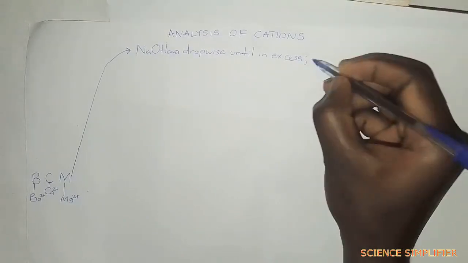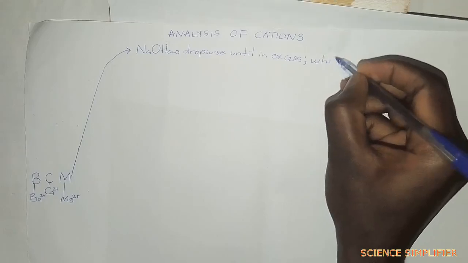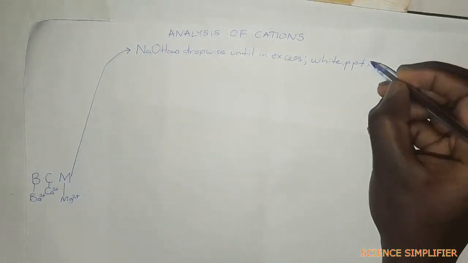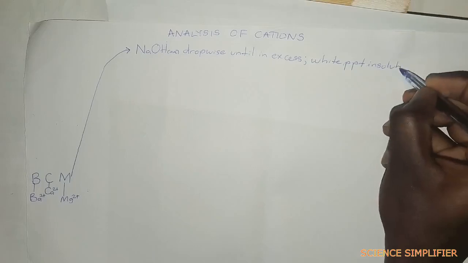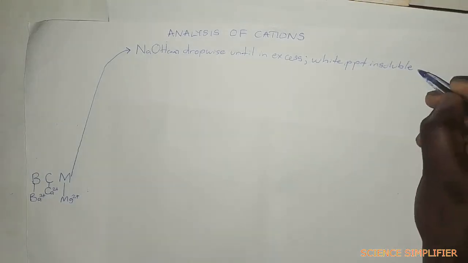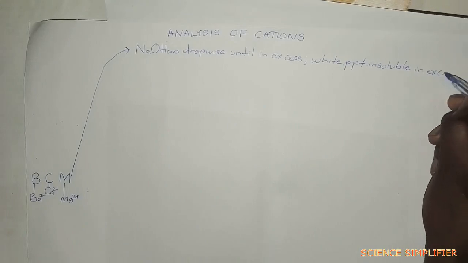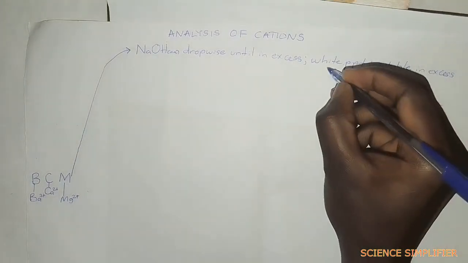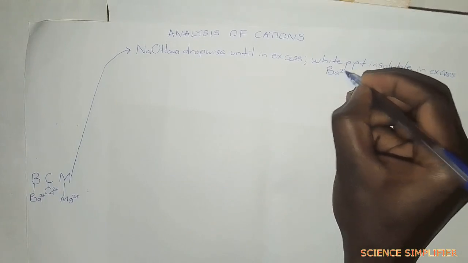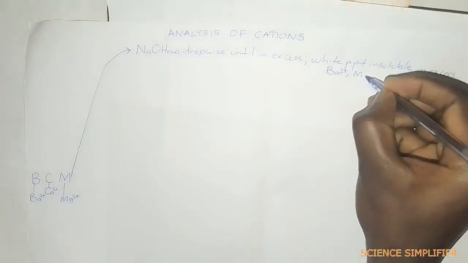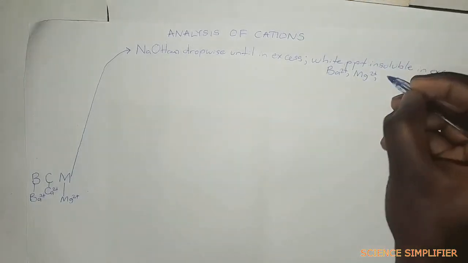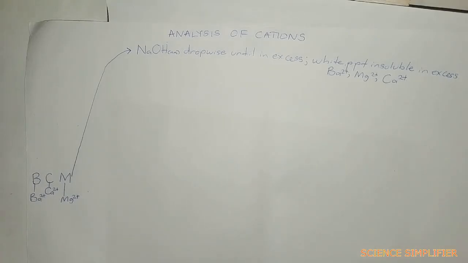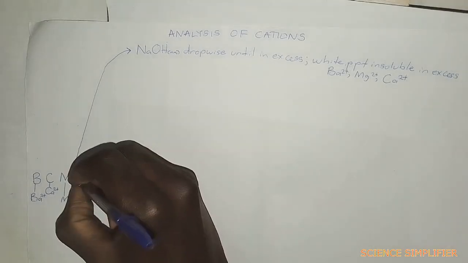The moment we obtain white precipitate insoluble in excess, just know at that point we are dealing with barium ions, magnesium ions, and also calcium ions. Now let us move to the next reagent.